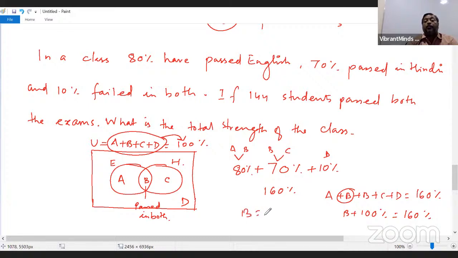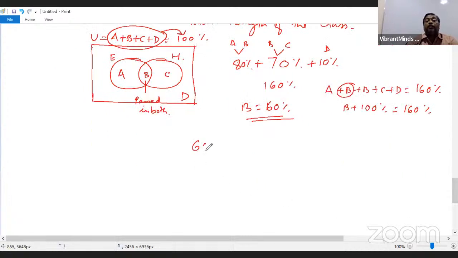So B is equal to how much? It is 60%. Now 144 students passed both the exams. So 60% is equal to 144. So 100% is equal to what?